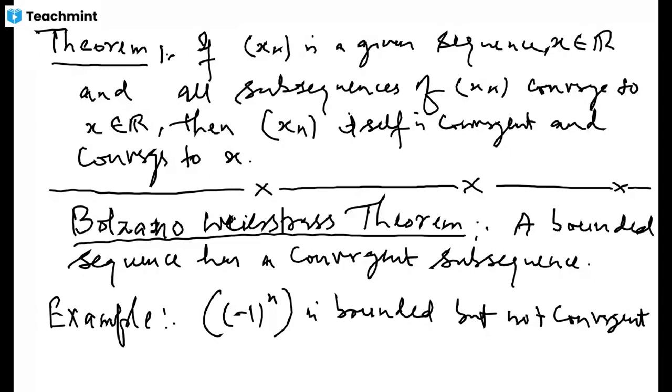Let us see how it can be proved. It's a very simple proof, and for the proof we require a result that I will now call a lemma. This lemma says that every sequence contains a monotone sequence.